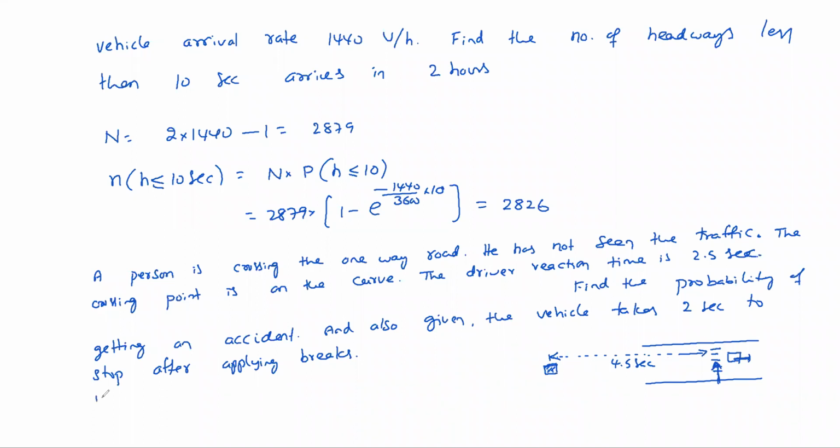So the solution is like this: if headway is greater than 4.5 seconds, then he won't meet an accident. Otherwise, if H is less than 4.5 seconds, he will meet an accident. So that means we need to find the probability of H less than 4.5 seconds.